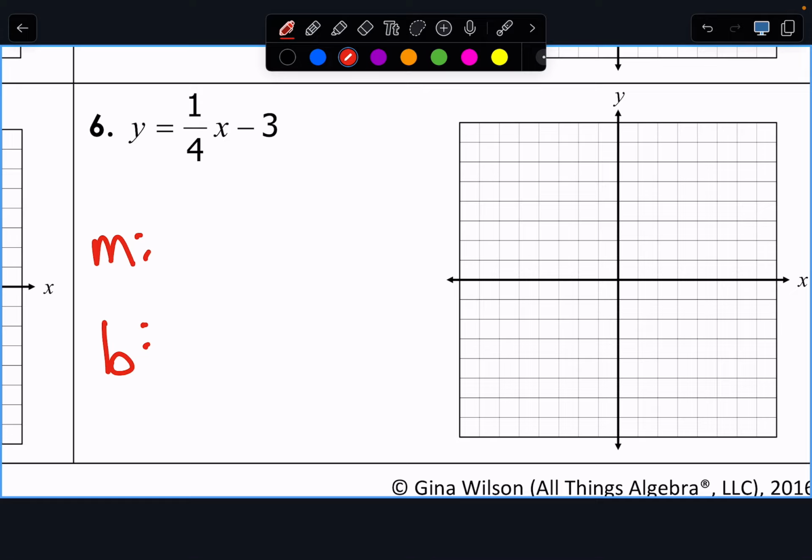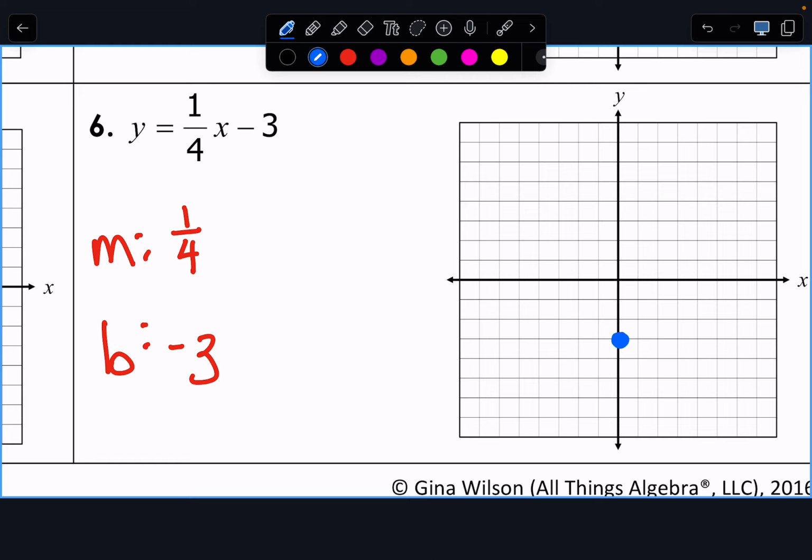Carlos, what's our slope? M. What's M? Just the 1/4. Yeah, you're good. Okay, Ellie, what's our y-intercept? -3. So do you have a coordinate?